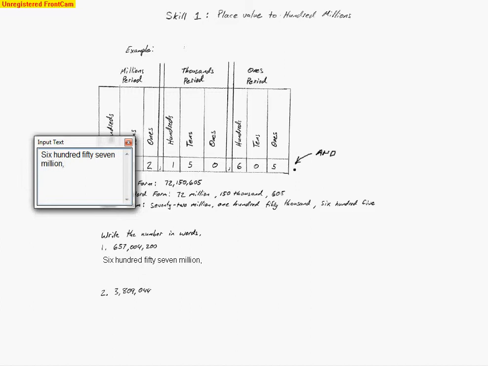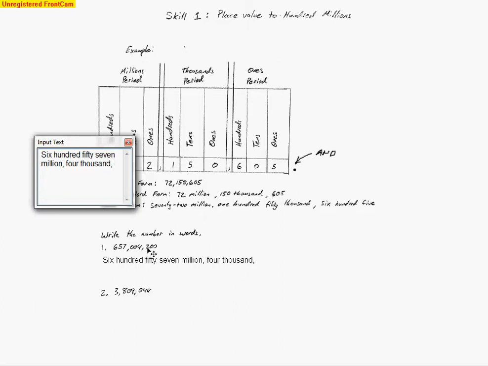Then I put the comma in there, and then we're going to go ahead and write down the next number. So the next number has just a 4. So all you're going to read off is that 4. So you just say 4, and then the period, thousands. So 4,000, and then we do another comma to show that we're going to the next period.